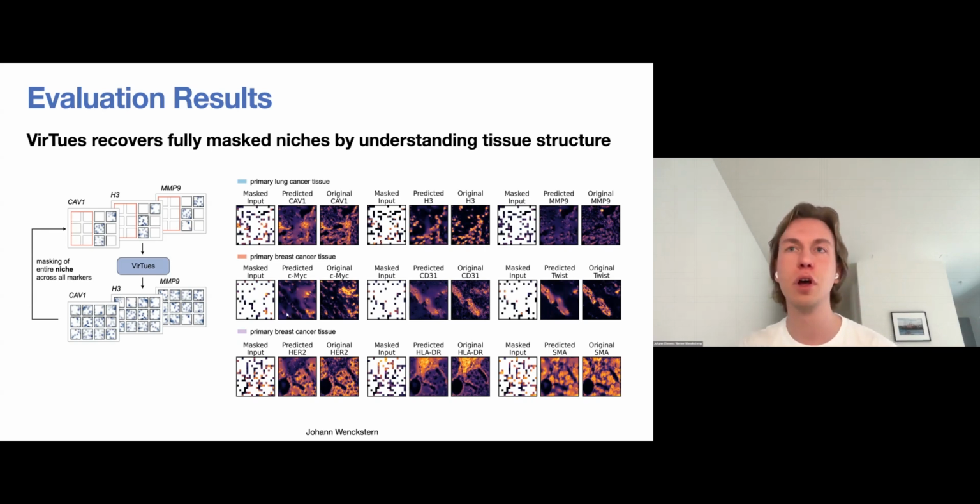We see, for instance, in the bottom row very well in HR2 or HLA-DR that the model is able to reconstruct global structures of the tissue and outlines of the tissue. However, the moment the model has to predict finer details, such as the silhouettes of completely masked cells, it starts to struggle and the predictions become more blurry.